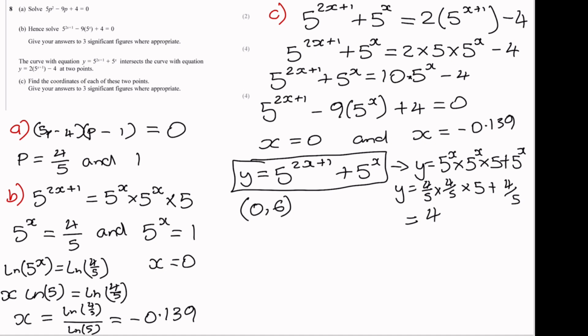You could have done it this way by splitting it up and replacing 5 to the power of x with 4 over 5, or you could also have substituted this value in just like we did with x equals 0 and got your value of y. So we've got 0, 6, and when we substituted in minus 0.139, we got a y value of 4.